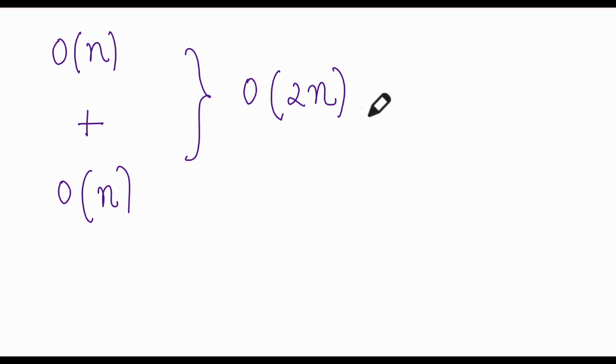Correct? But the main thing with time complexity is that this constant present in front of n holds no value, and this is called the concept of dropping constants in time complexity.